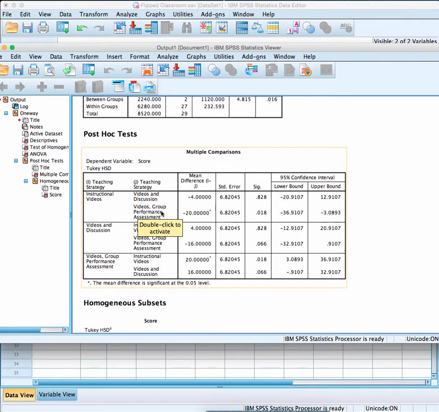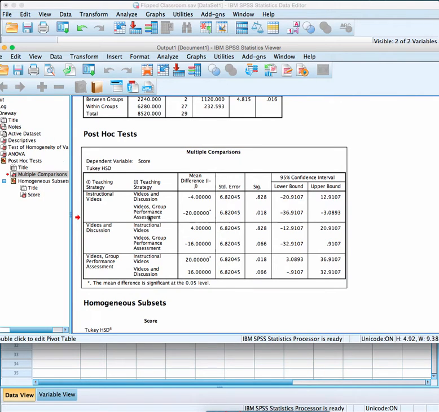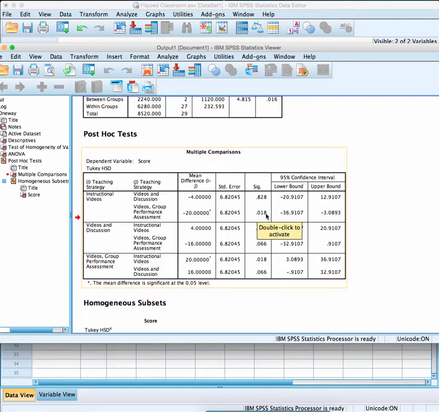Okay, so there's a 20-point difference between the instructional video group only and the instructional videos that use the group performance assessments. And so if we look at this comparison, we see that because it's above 0.05, it's not significant. If we look at this comparison, of course, it's below 0.05 and it is significant.